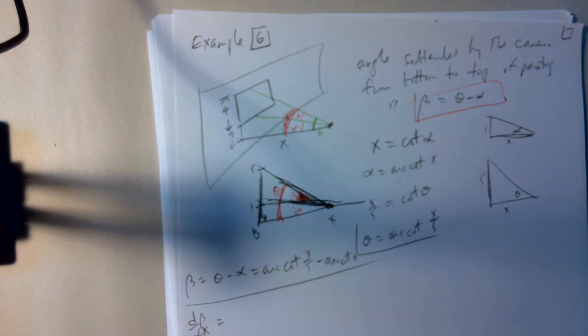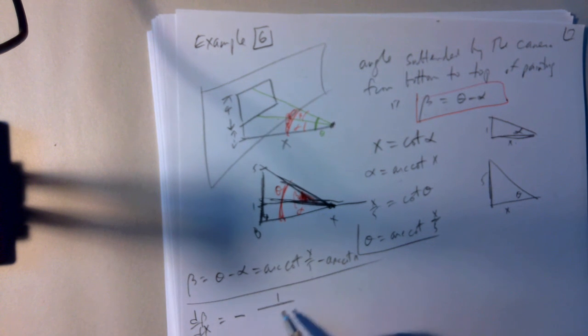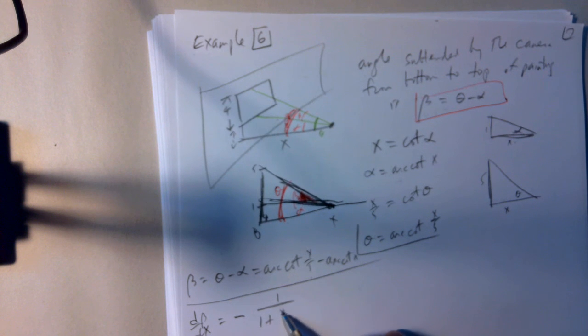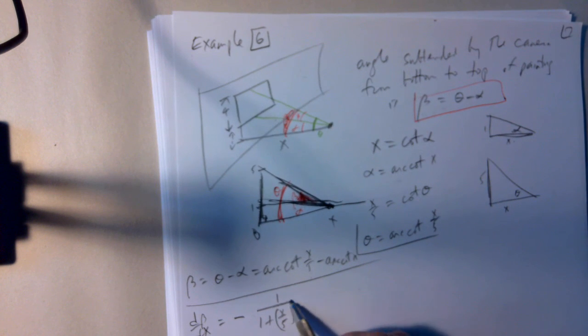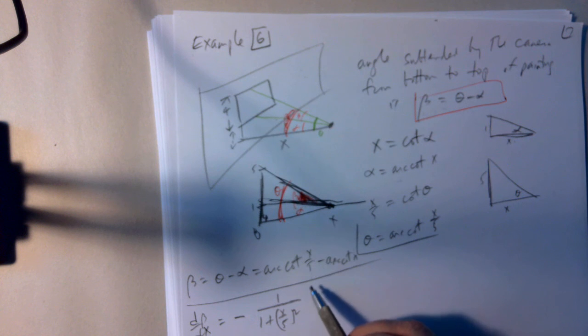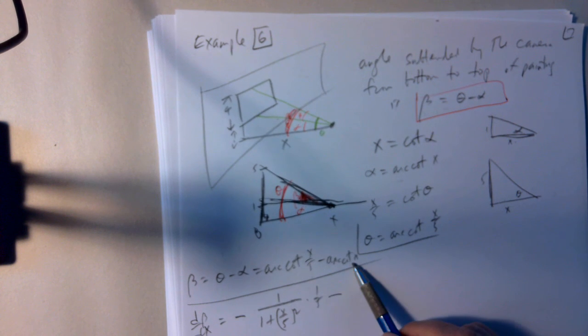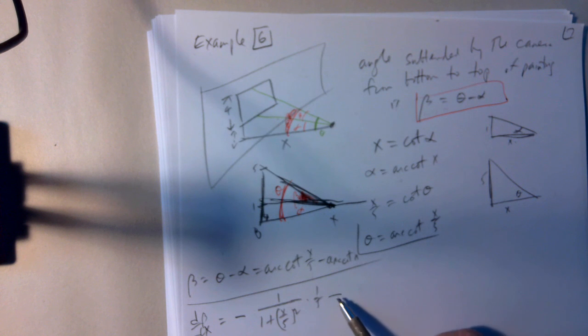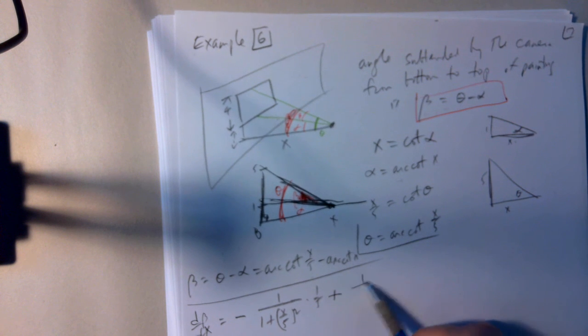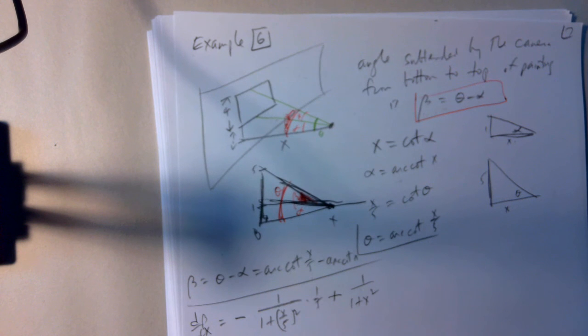So the derivative of the arc cotangent of x over 5 is minus 1 over 1 plus x over 5 squared times the derivative of x over 5, which is a fifth, minus the derivative of the arc cotangent, which is minus, so minus times minus is plus, 1 over 1 plus x squared.